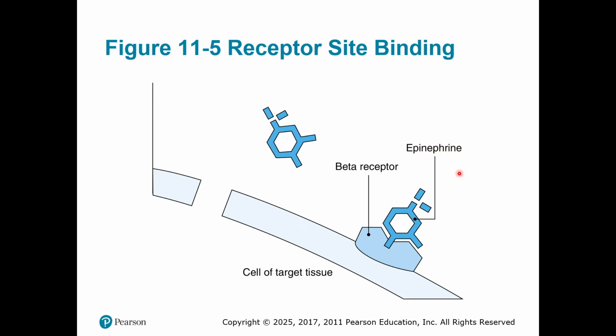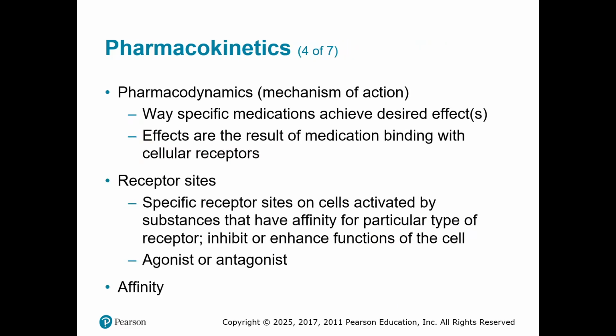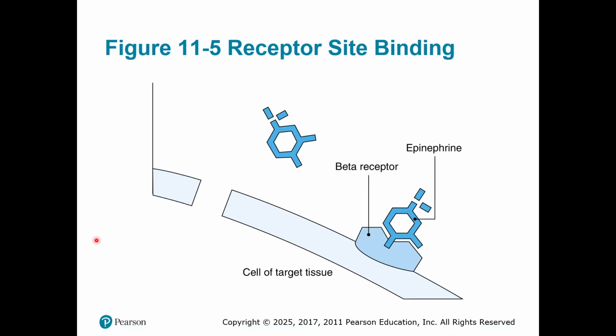And there's your epi, and it interacts with that beta receptor. Just like this could be Narcan. Narcan's going to affect the receptors that affect narcotics on the cell, and it's going to block it.